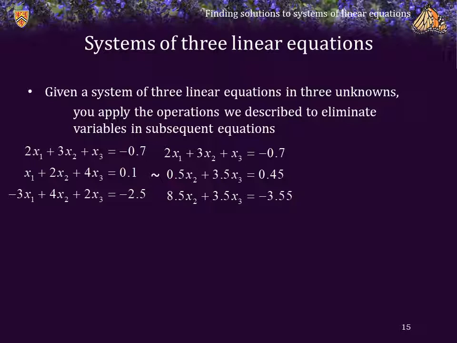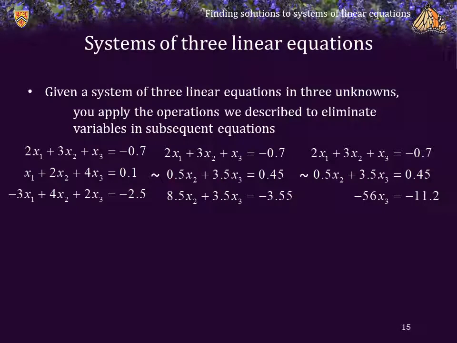Well, now we'd like to proceed by eliminating the next variable. I have 0.5 and 8.5, so I would have to add negative 17 times equation 2 onto equation 3.